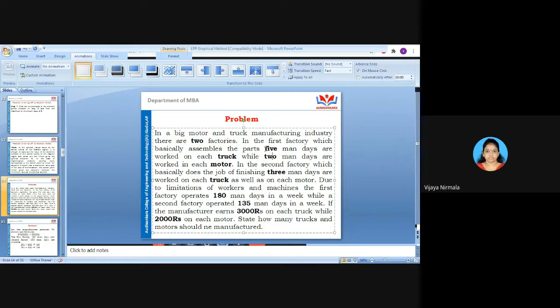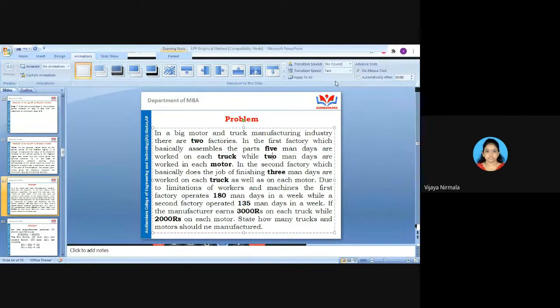So in the first factory, assembling of parts is being made. If you work on each truck, it takes 5 man days. And each motor takes 2 man days in the first factory.